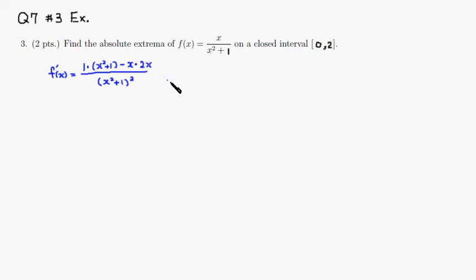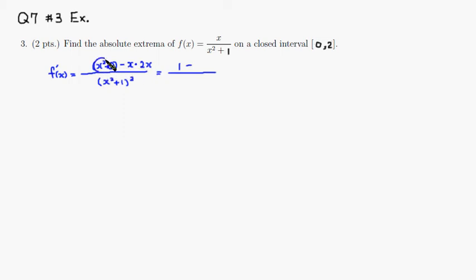Right, then if you simplify that, 1 times doesn't do anything, so I'm going to just go ahead and erase this so that we don't get confused. Alright, then you basically have on top you have 1 right here, so 1 minus, right, you have x squared here minus 2x squared.